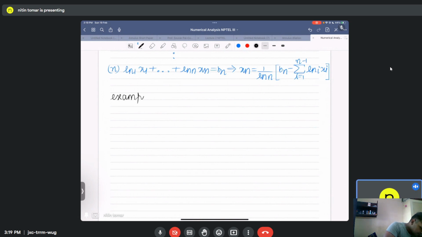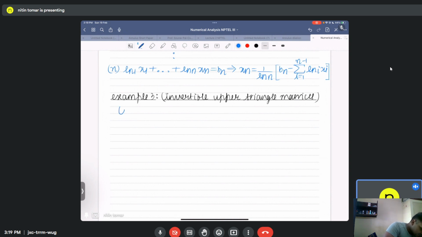Now example 3. This is an invertible upper triangular matrix. Can we do this similarly as the last example? Yes, back substitution method. Exactly.